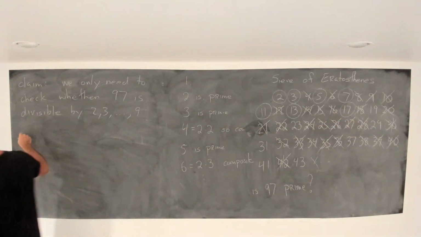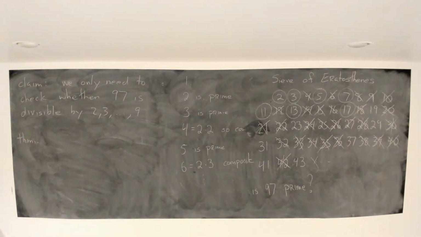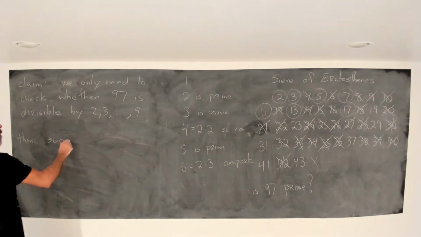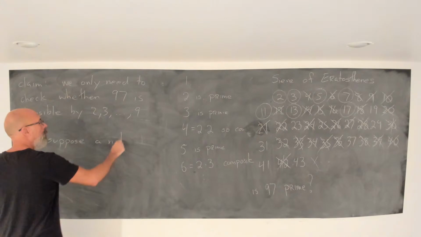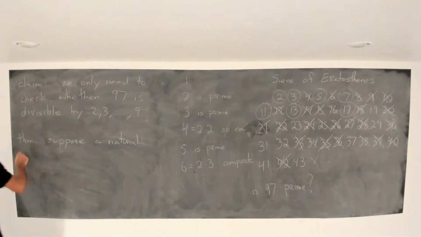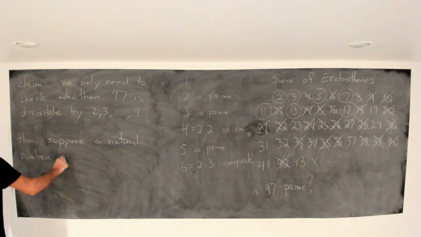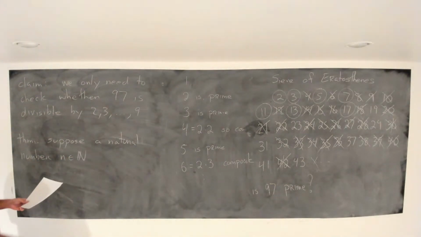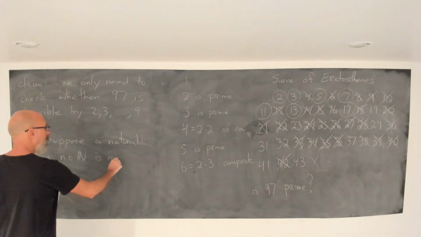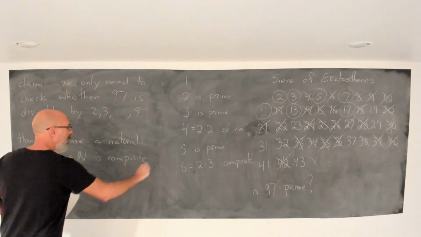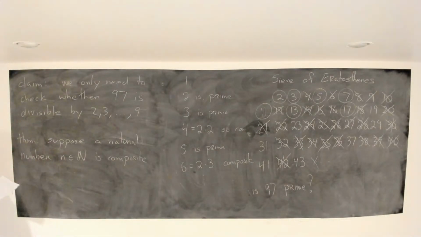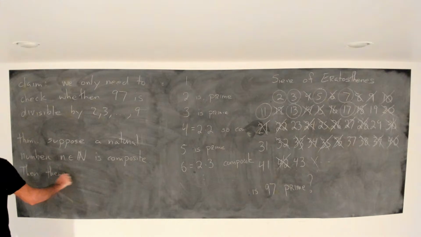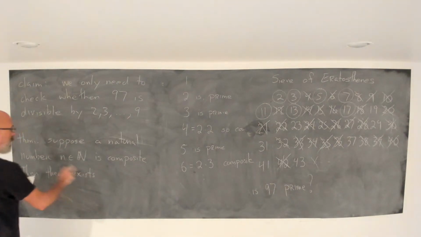Consider the following theorem. Suppose a natural number is composite. Right, so suppose that, then there exists, right, what does it mean to be composite?